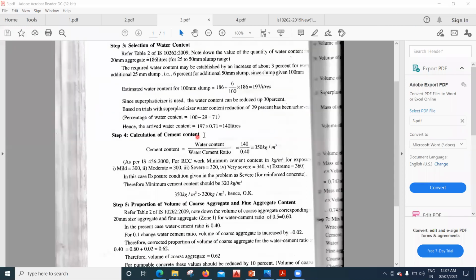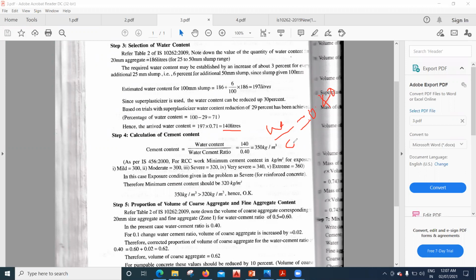Next is calculation of cement content. It's very simple. Cement content is equal to water content by water cement ratio. If you remember, the water cement ratio we had taken is 0.40. Now we need to find the cement content. Water is known to us, 140 liters, and this ratio is known to us, 0.40.